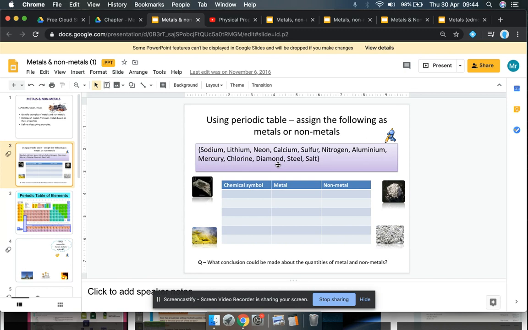It is lots of carbon, pure carbon. Steel is a metal, so mixtures can be metals as well, because steel is made of iron. Salt is NaCl, and this would not be considered a metal either. So the conclusion we can make about the quantities of metals and non-metals is that there are many more metals than there are non-metals.